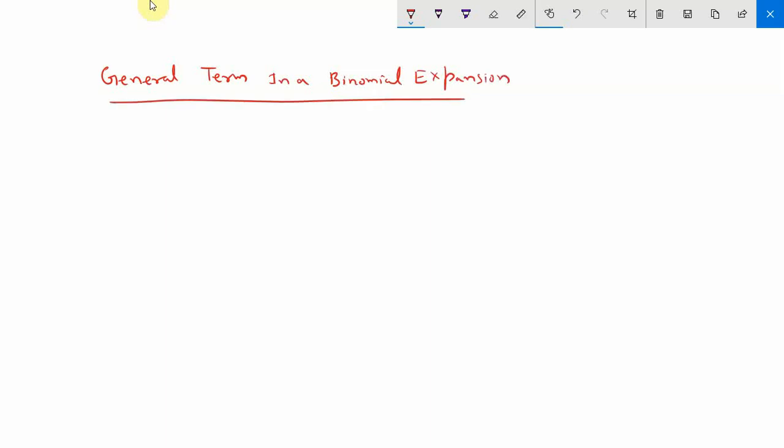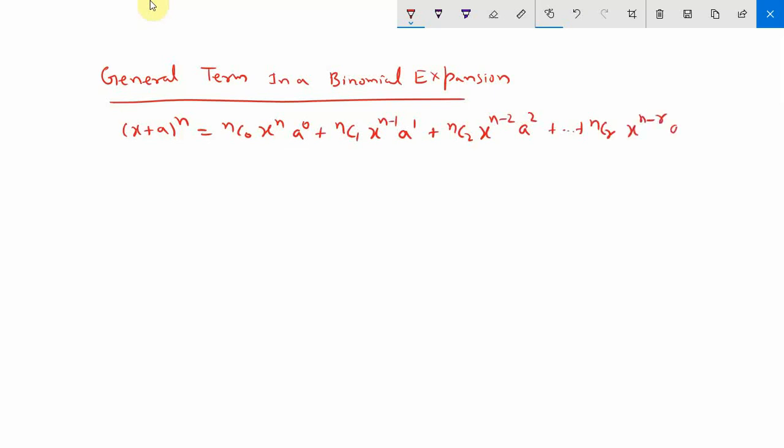If we see a binomial expansion, what we know, (x plus a) to the power n equal to nc0 x to the power n a to the power 0 plus nc1 x to the power n minus 1 a to the power 1 plus nc2 x to the power n minus 2 a to the power 2 plus ncr x to the power n minus r into a to the power r, plus the last term will be ncn x to the power 0 a to the power n.